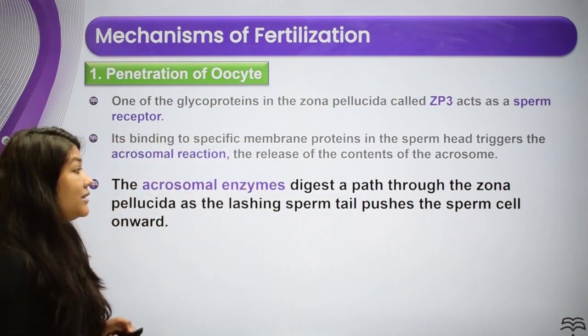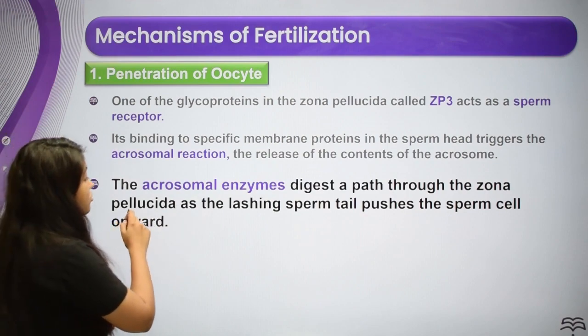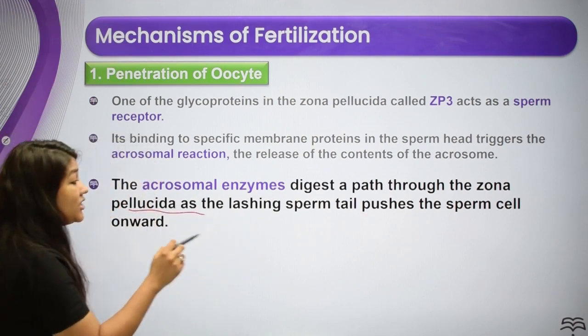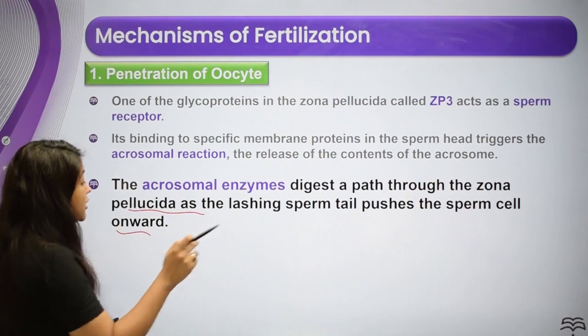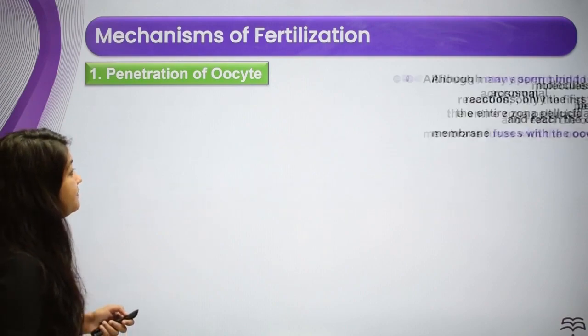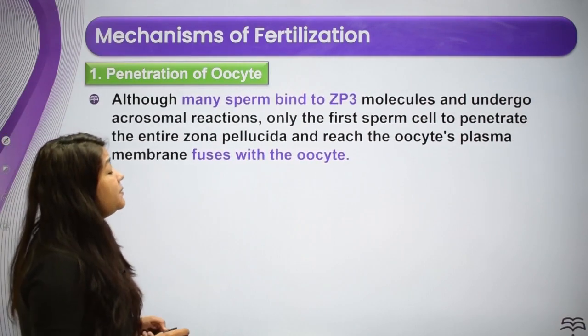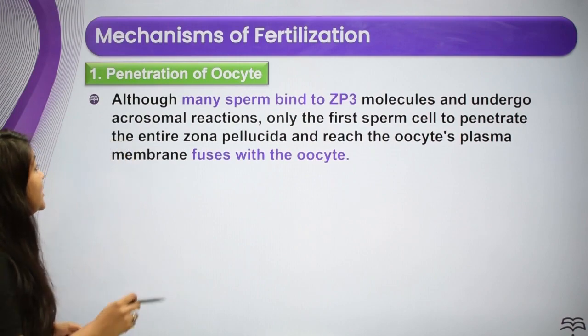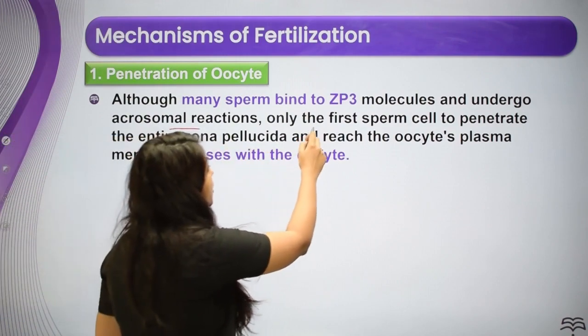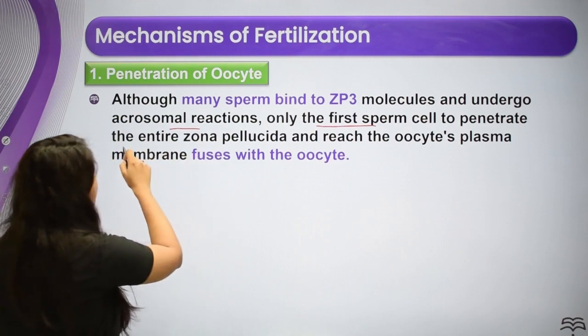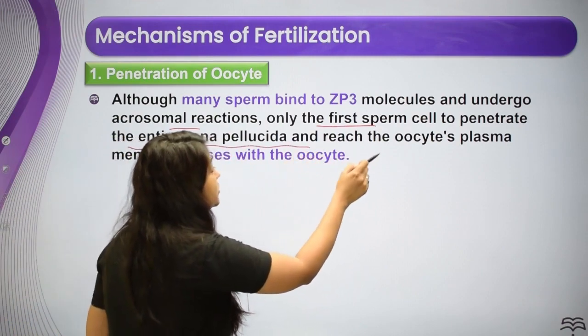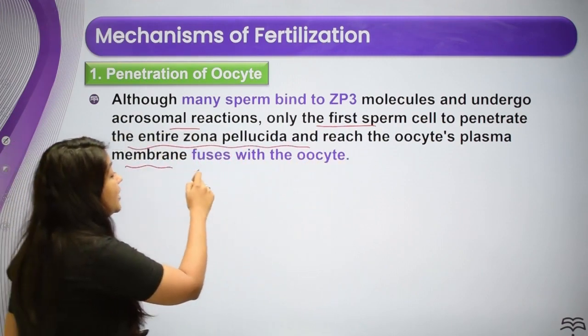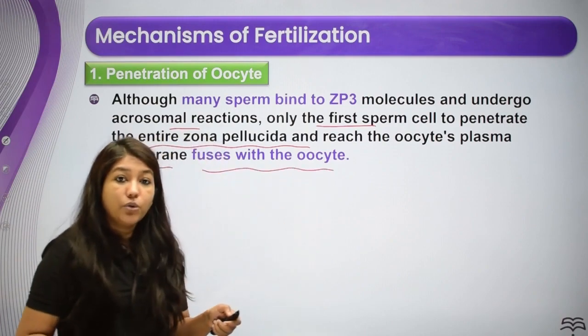The acrosomal enzymes digest a path through the zona pellucida as the lashing sperm tail pushes the sperm cell inwards. Now, although many sperm bind to ZP3 molecules and undergo the acrosomal reaction, only the first sperm cell to penetrate the entire zona pellucida and reach the oocyte's plasma membrane is going to fuse with the oocyte.